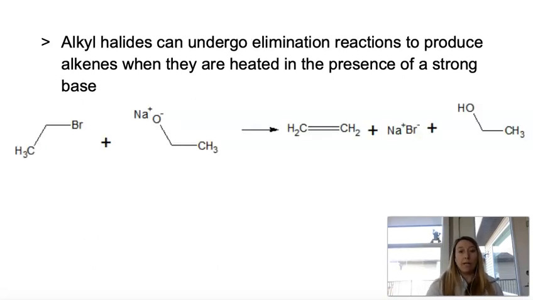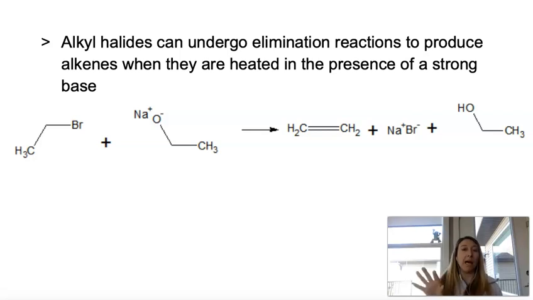So the second type of elimination is our alkyl halides. With these ones, you're going to find that the halogen part is what comes off. One way to think of it, it's not the most technical, but when you want to do elimination, you have to have something special that you can take off, right? In the case of an alcohol, it's that hydroxyl group. In the case of an alkyl halide, it's that halogen.